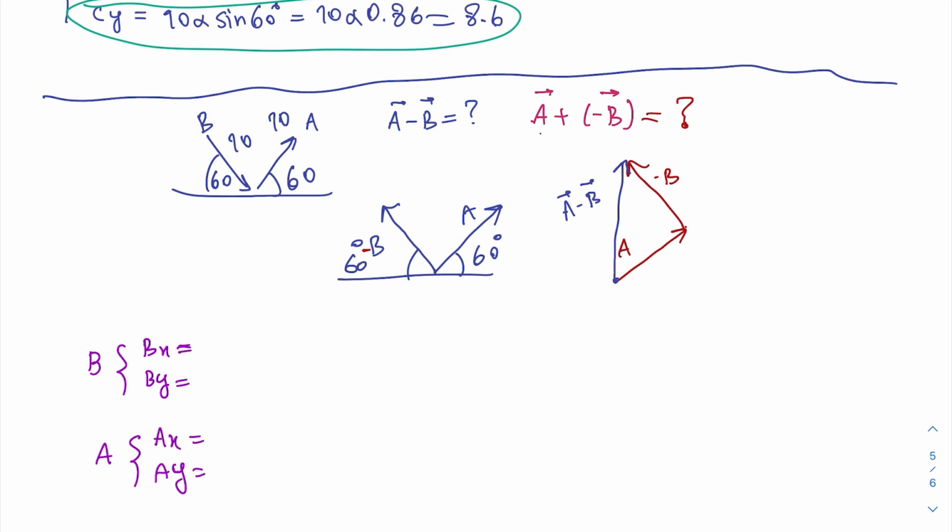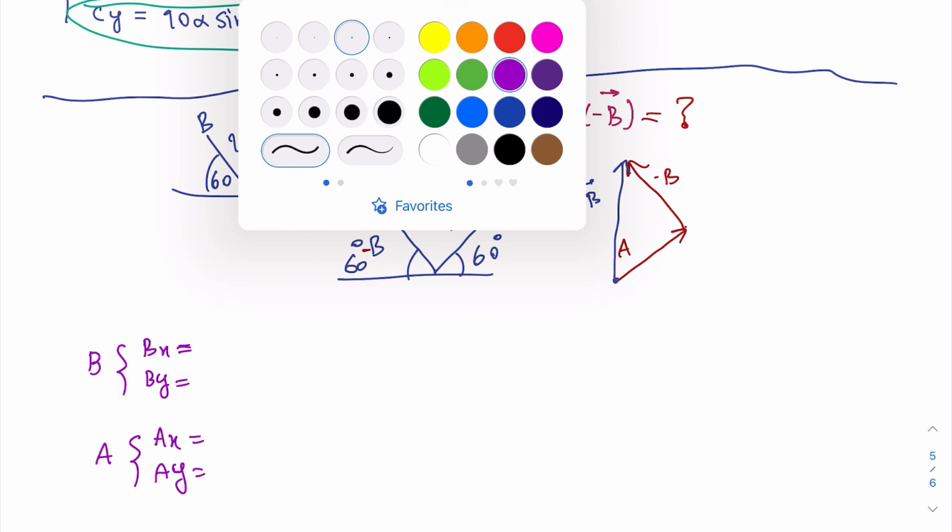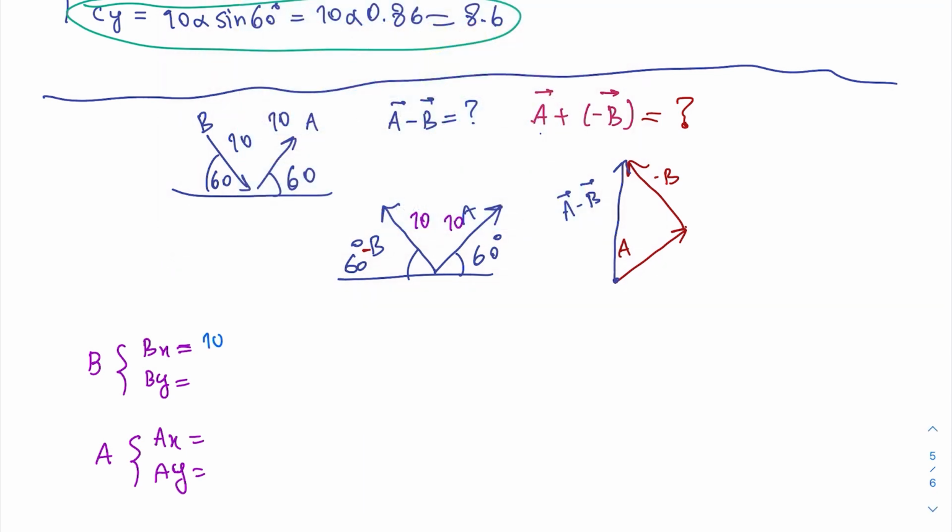So Bx will be equal to, the magnitude is given as 10, so just directly write 10 times cosine 60 degrees.